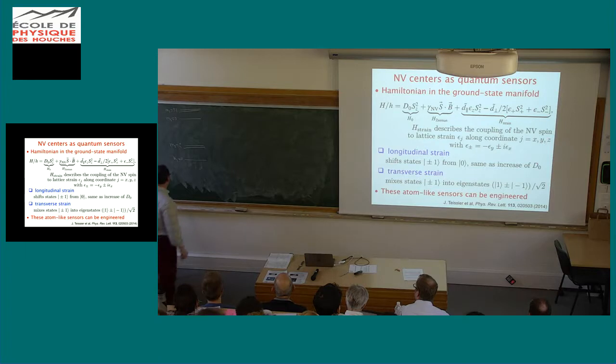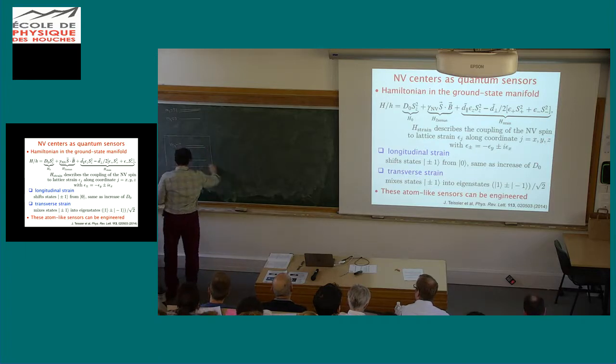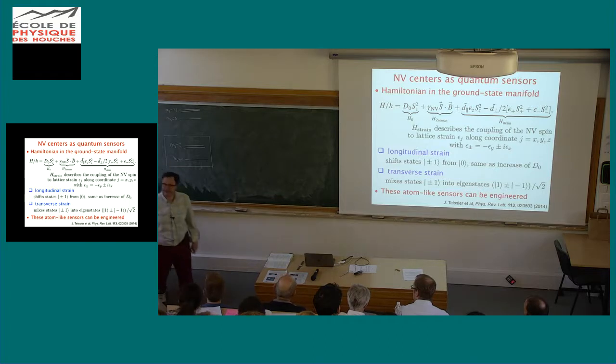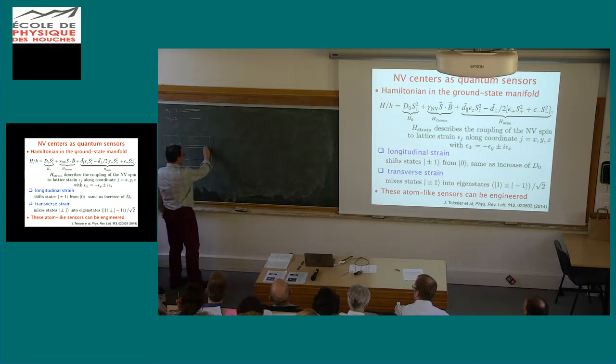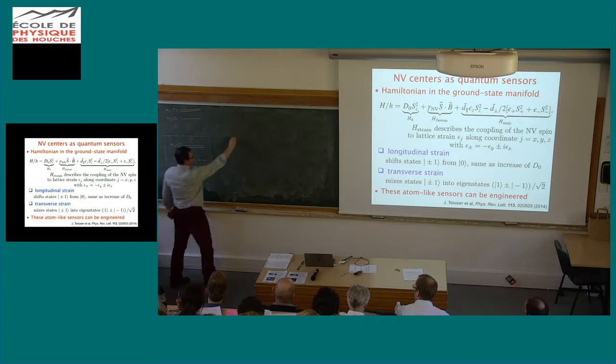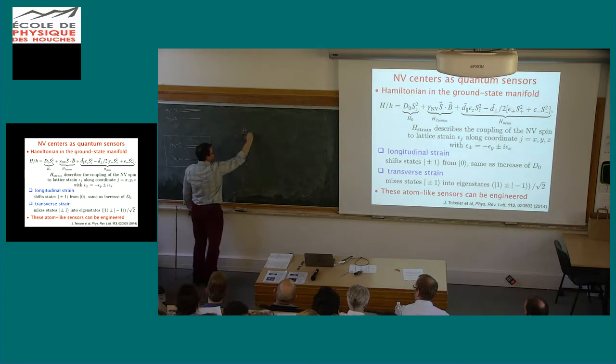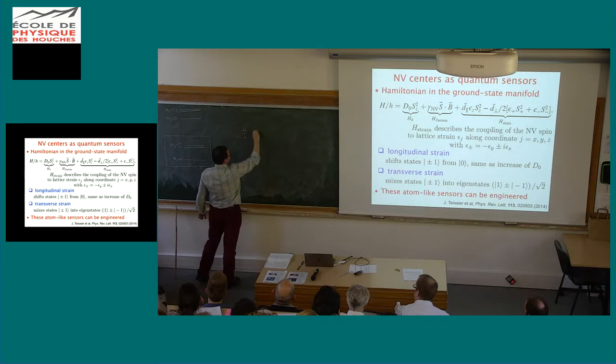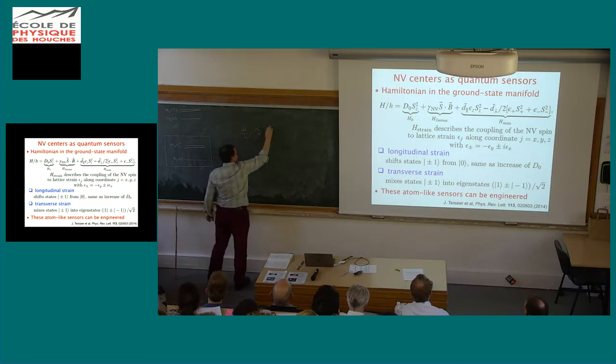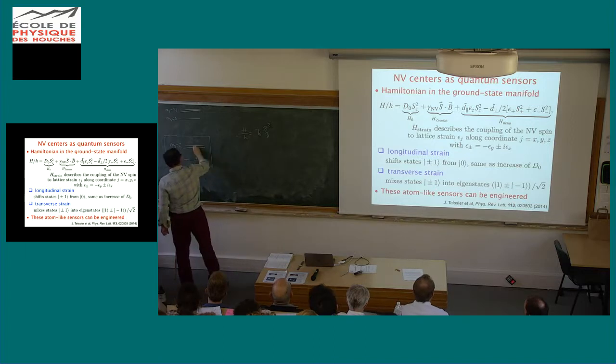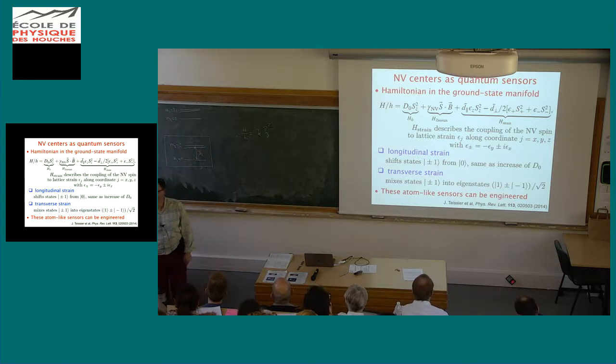If I now look at the effect of a perturbation inside the ground level manifold, what I have is simply this first Hamiltonian to describe this state, D0 Sz squared, where D0 is this parameter in frequency, something like 3 gigahertz.